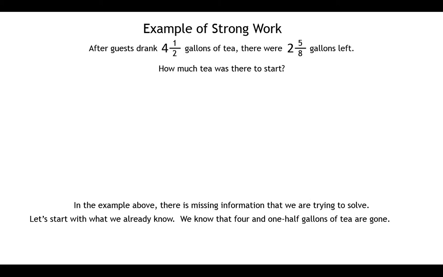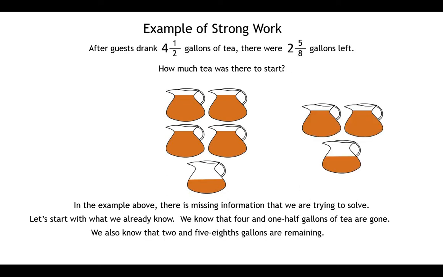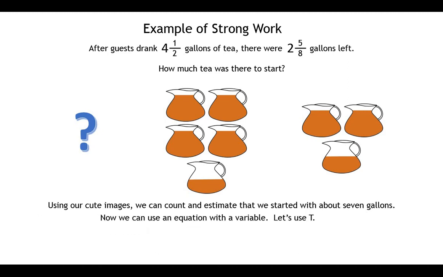Let's start with what we already know. We know that 4.5 gallons of tea are gone. We also know that 2 5/8 gallons are remaining. What we don't know is how much tea we started with. Using our cute images, we can count and estimate that we started with about 7 gallons.